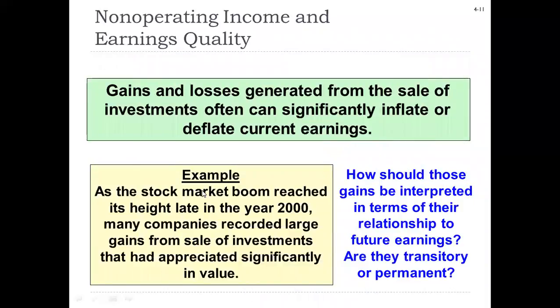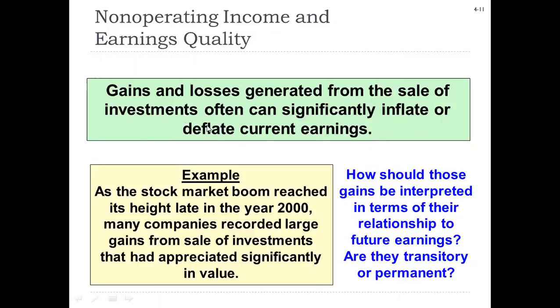Let me skip over. Again, as I indicated earlier, earnings quality. Earnings that are generated from their normal day-to-day operations are better, are of higher quality earnings than losses and gains generated from one-shot deals like selling investments, as is indicated here.